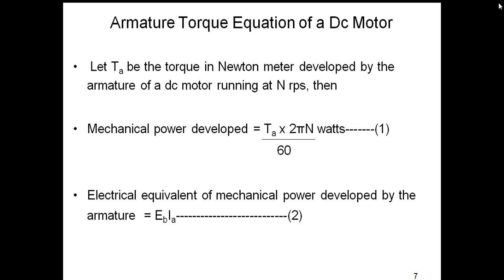And the electrical equivalent of mechanical power developed by the armature is equal to EB into IA, where EB is the back EMF and IA is the armature current.